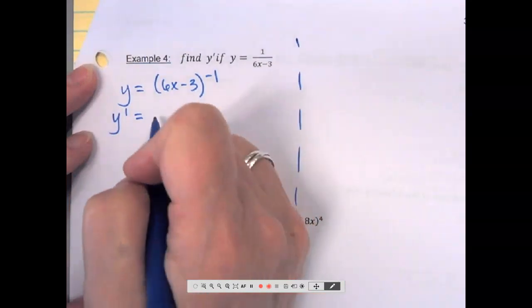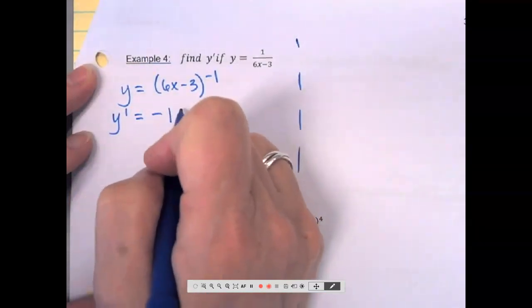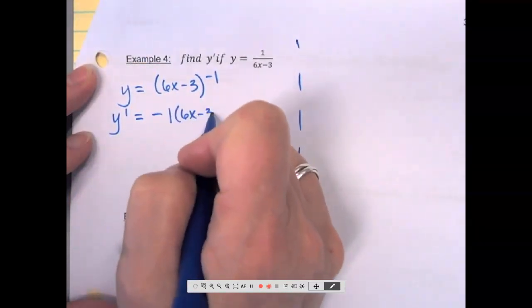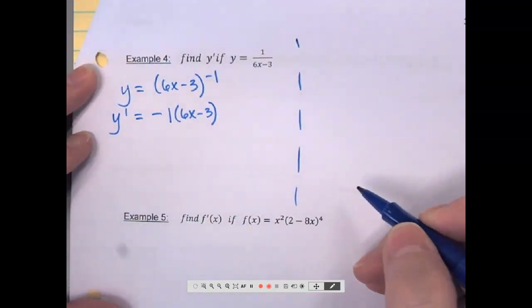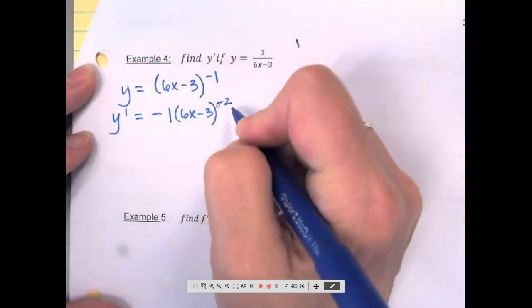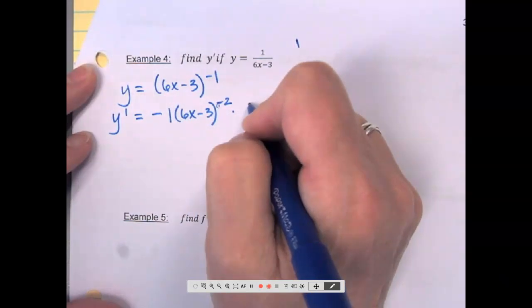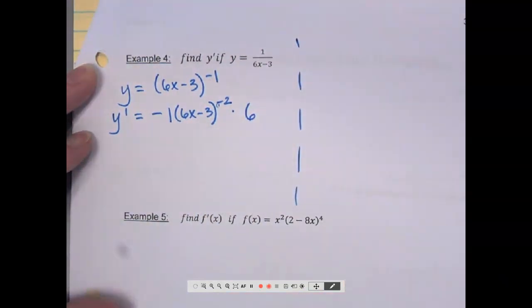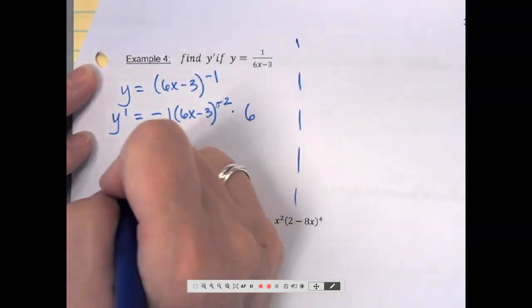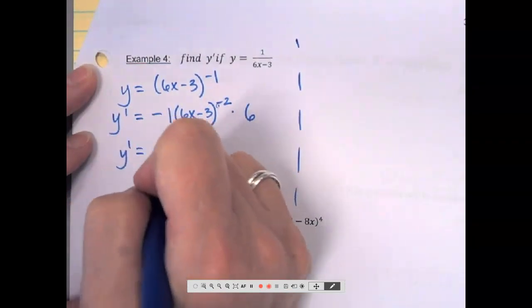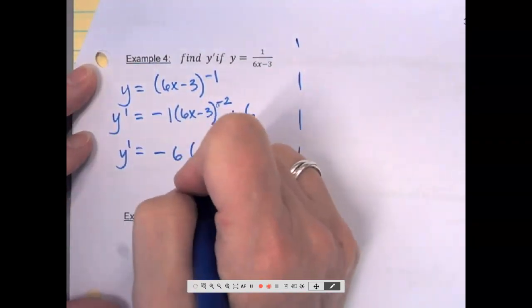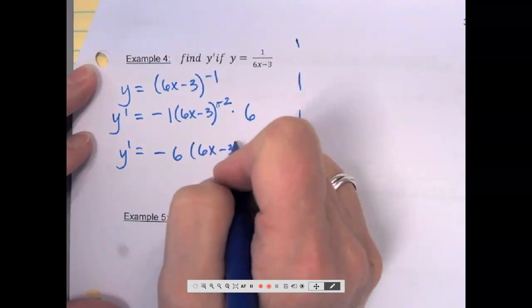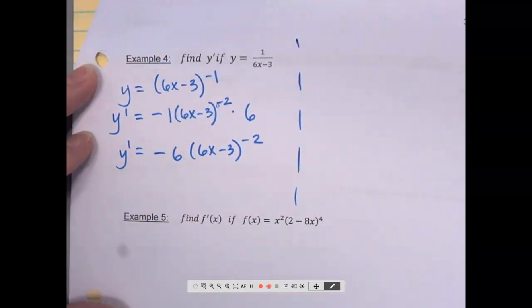The power comes down. All that stuff is now raised to the negative 2 times 6. Now surely we'll multiply that and make it a negative 6 out front, right? You can put it at the bottom too.